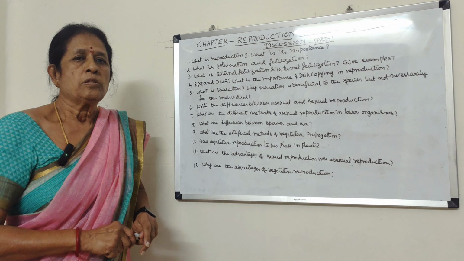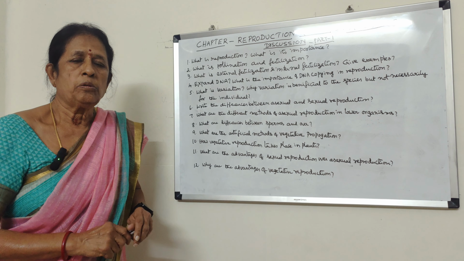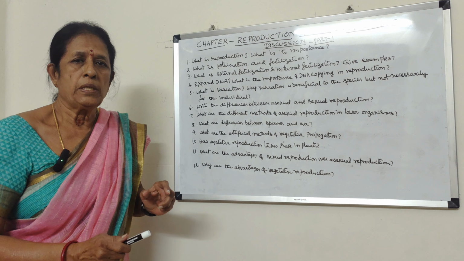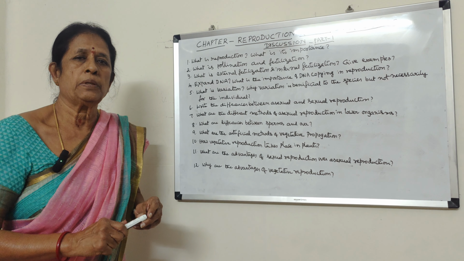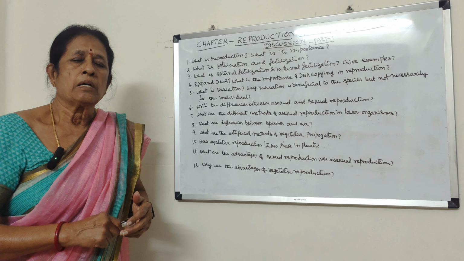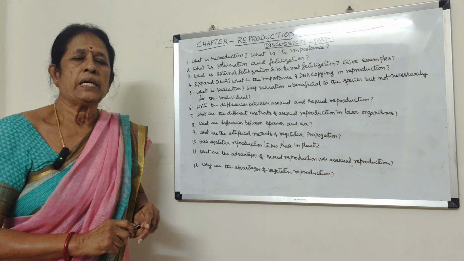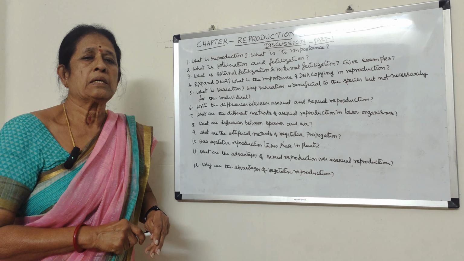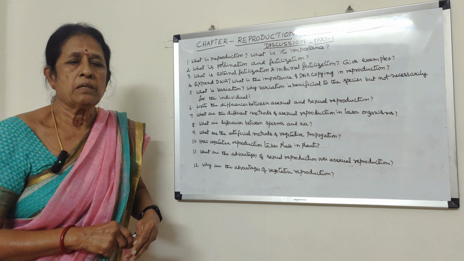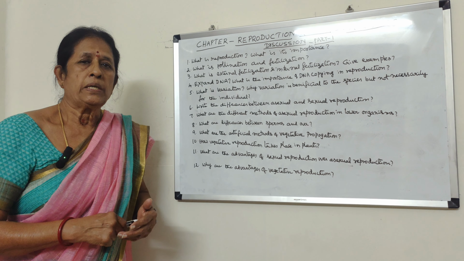In asexual reproduction, there is no meiosis and no crossing over. Whereas in sexual reproduction, during meiosis, crossing over of the chromosomes takes place, which will lead to variations. When variations occur, there is always a chance for the formation of a better generation.